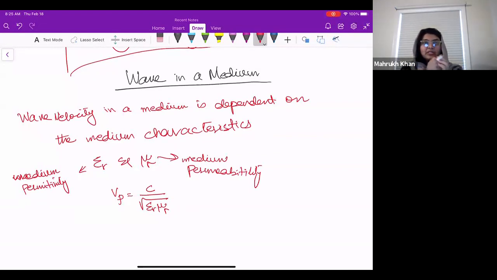But when it travels in water or some other medium, the velocity changes based on the characteristics of the material. These characteristics we define by properties like permittivity and permeability. So that's how the speed changes.